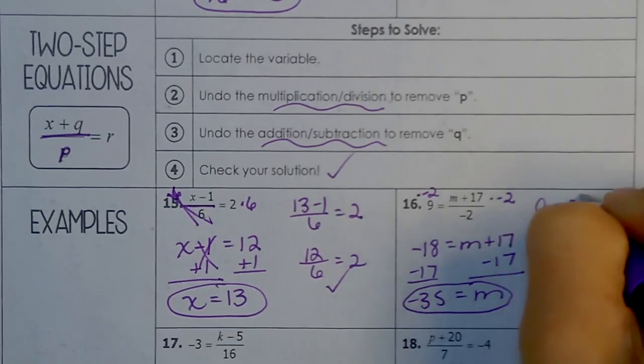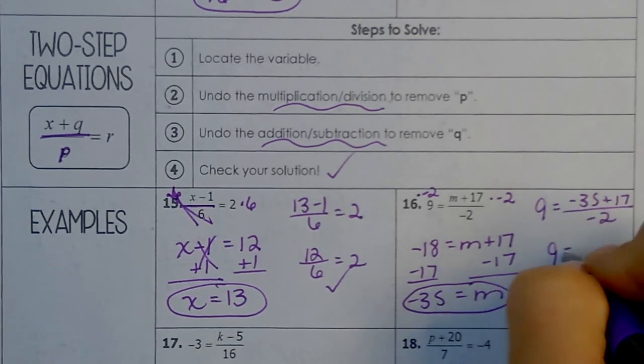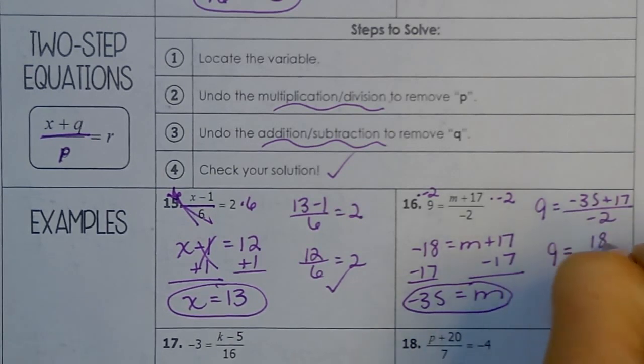Substitute -35 for m. This would give me 9 equals -18 divided by -2, and -18 divided by -2 is 9.